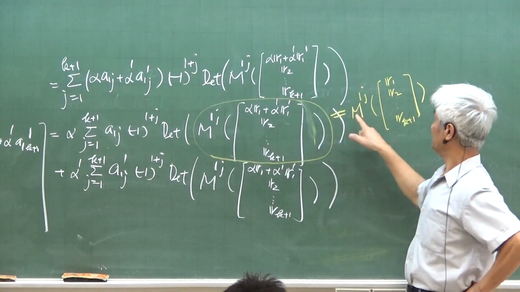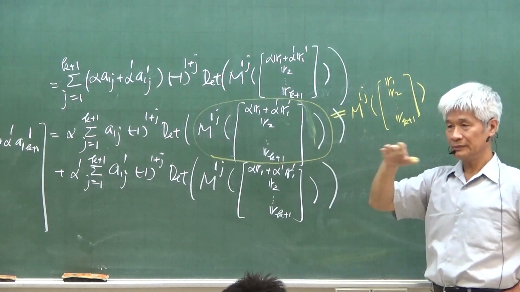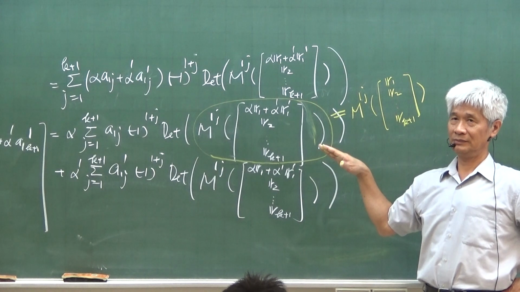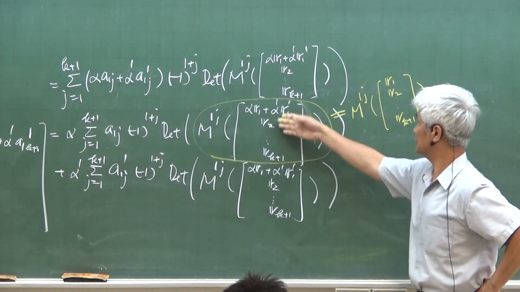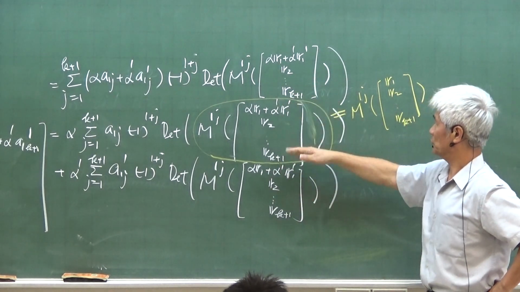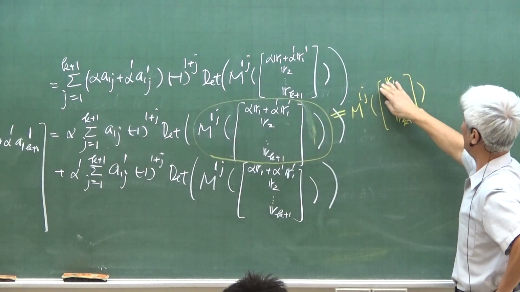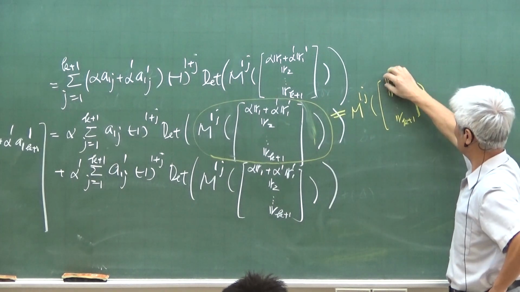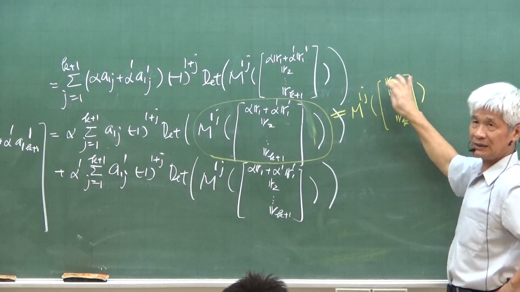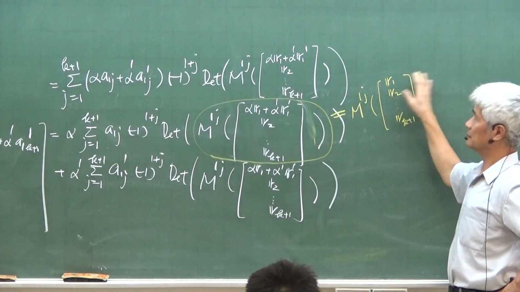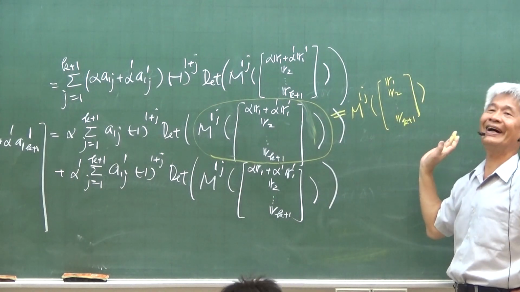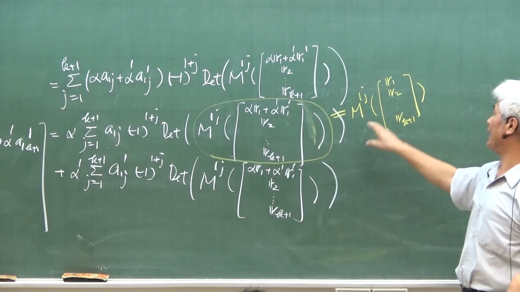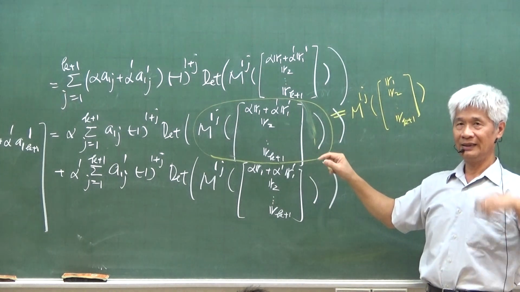Because the 1j minor means that we remove the first row and the jth column. Since we remove the first row, you can put an arbitrary row vector there without change.